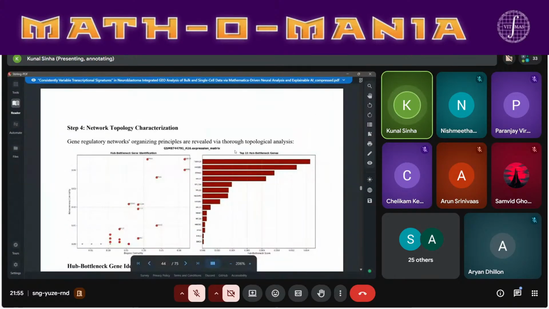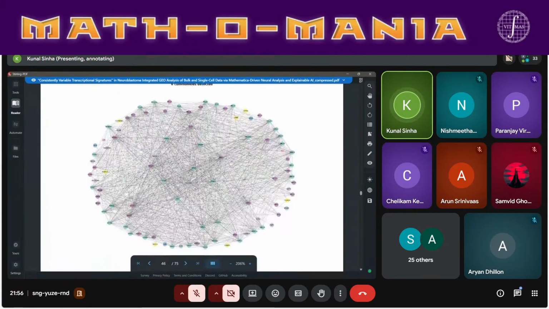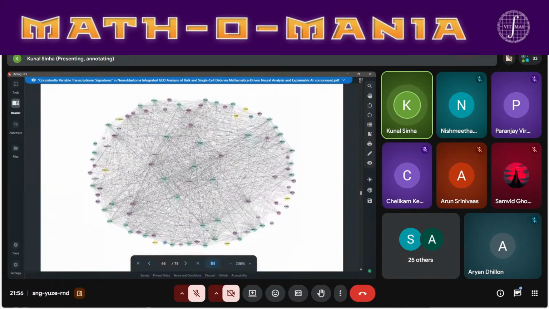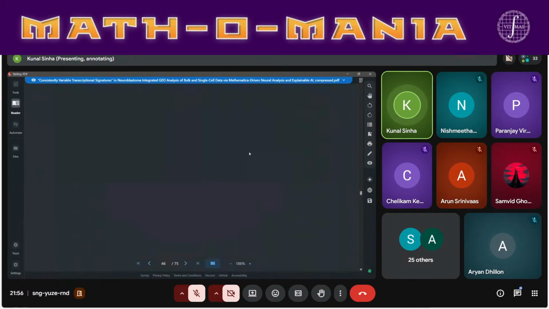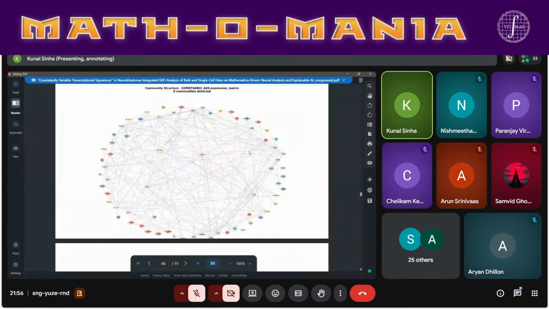So network topology, like I said, bottlenecks and everything, we have discussed here. This was the community graph actually. There is a Louvain community detection algorithm in NetworkX. We used that here, and it was able to detect the closely linked communities.